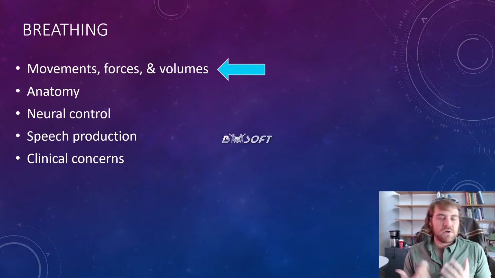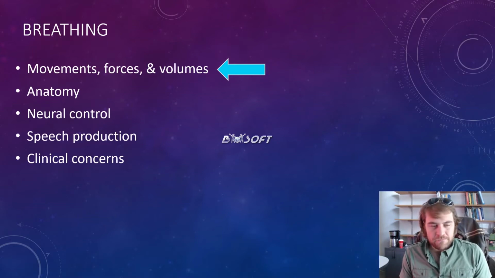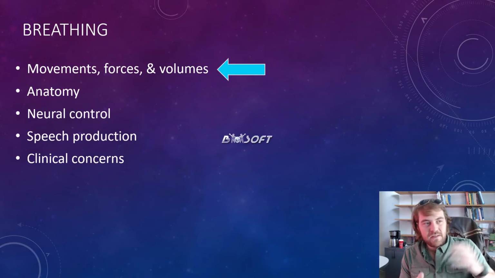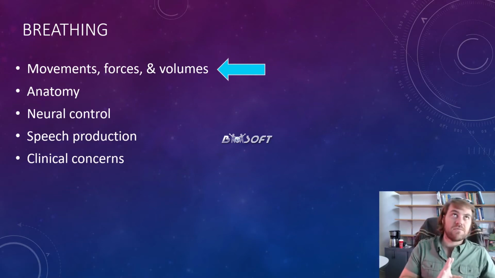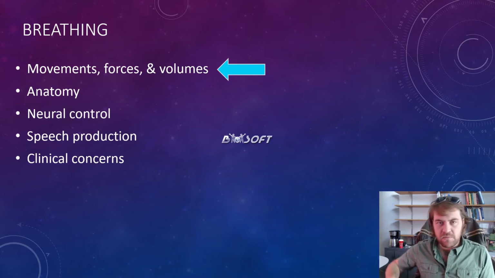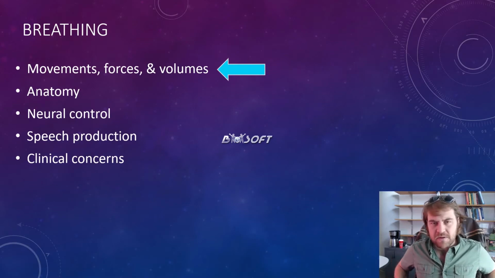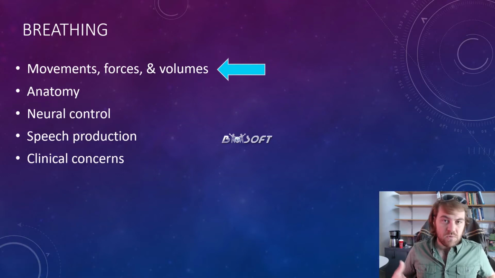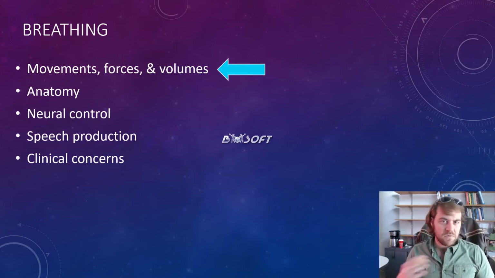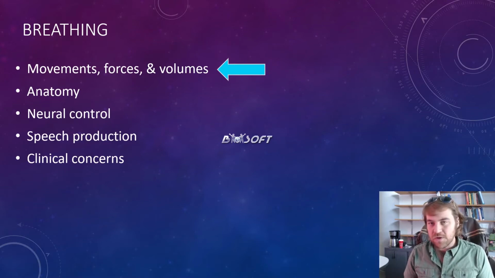A quick note about the clinical concerns: I talk about those at the end, but they're also throughout the lecture. We're going to talk about ribs in the second lecture in breathing when we talk about the anatomy, and I'm going to talk about a clinical concern that goes along with ribs. I'll compile a few at the end, but there are some throughout. So be mindful of that when you're studying your clinical concerns.